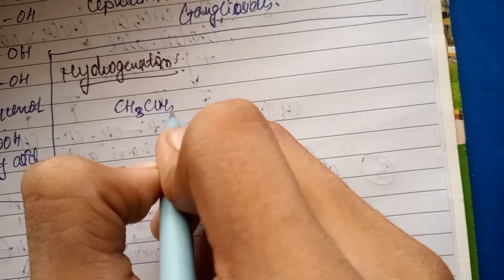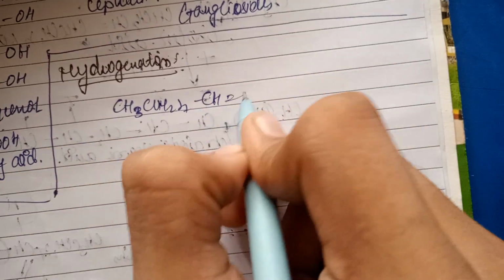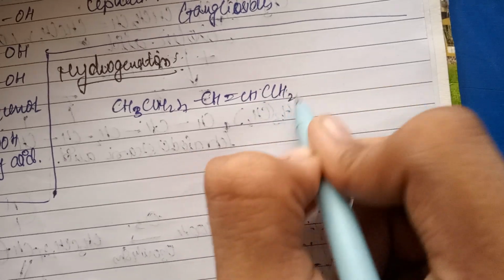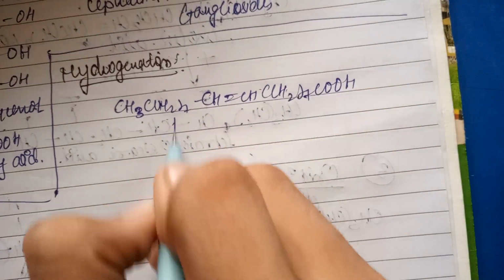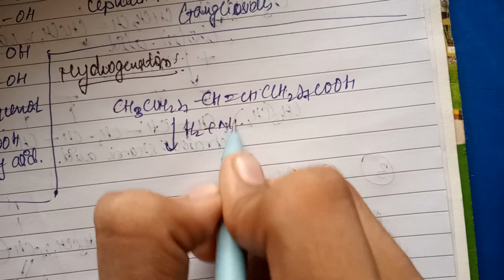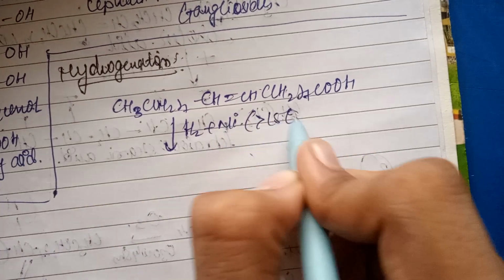So here we have oleic acid, that is CH3 (CH2)7 CH double bond CH, and we have again (CH2)7 COOH. So what will happen here is hydrogen plus nickel, and heat greater than 150 degrees Celsius will be provided.